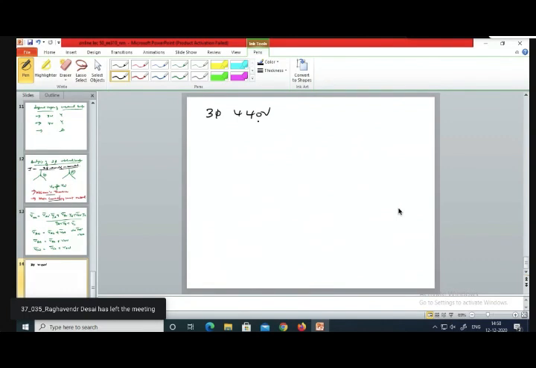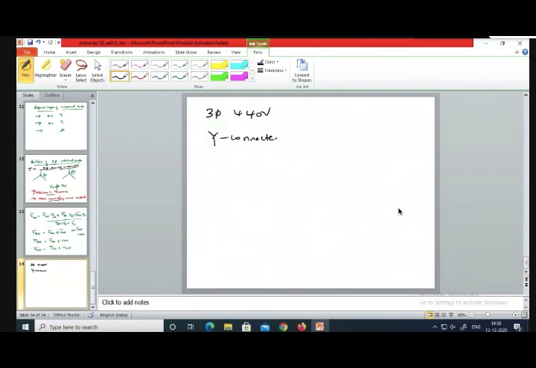supplies a star connected load with branch impedances ZR equal to 10 ohms, ZY equal to j5 ohms, and ZB equal to minus j5 ohms.